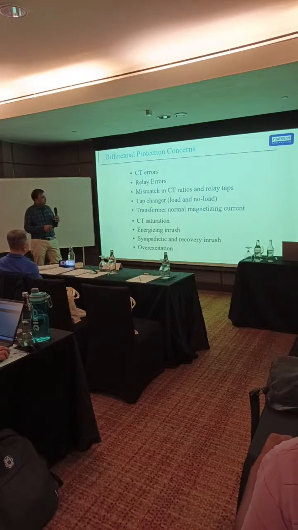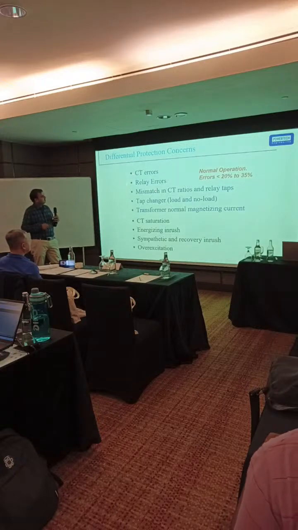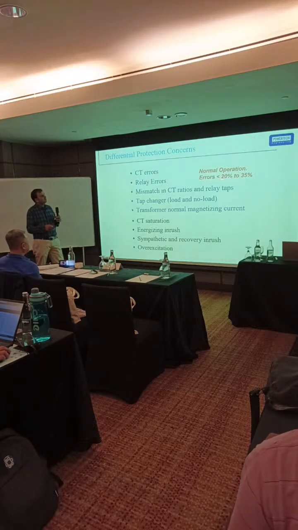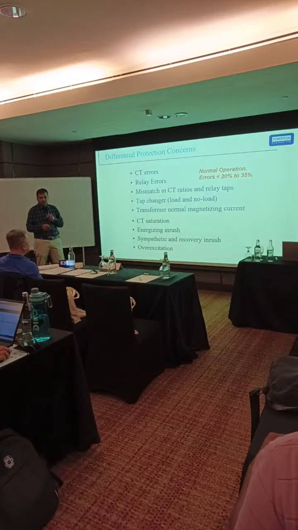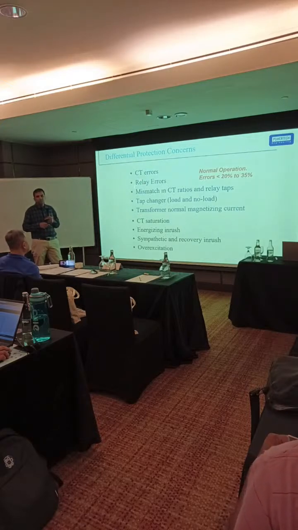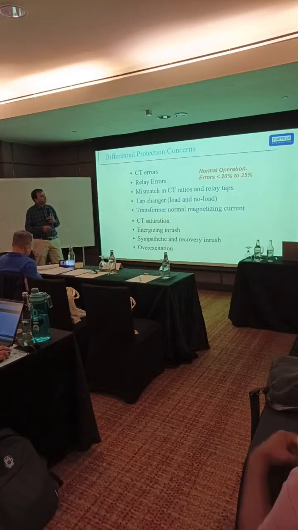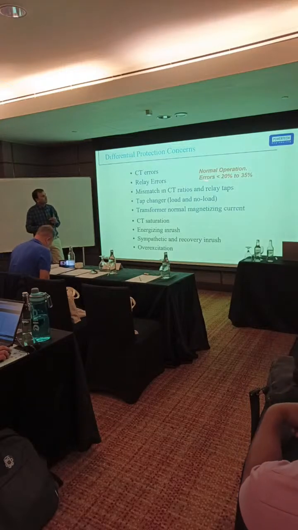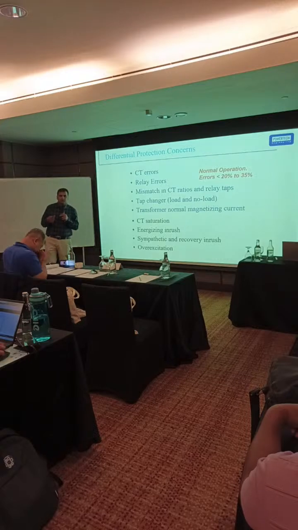So if we see, these errors create around 20% to 35% error in the differential current. So this is the first slope that we consider. That is why our slope is generally around 20 to 30%.